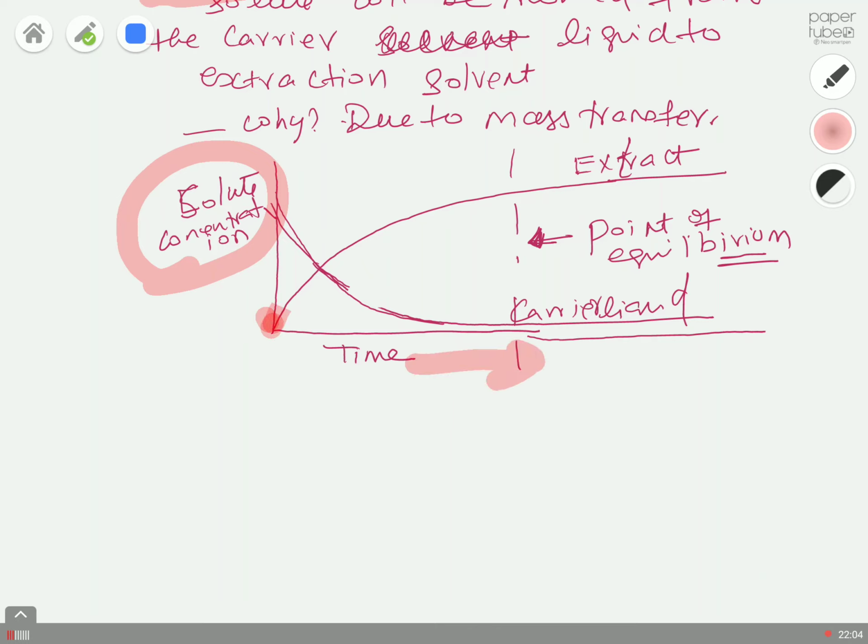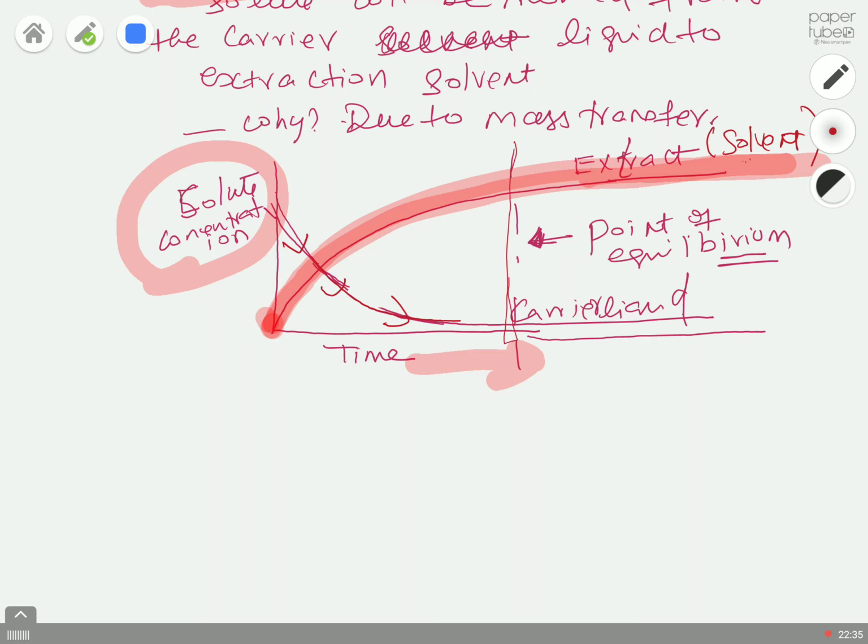The solute concentration in the extracting solvent will increase with respect to time, whereas the solute concentration in the carrier liquid will decrease with respect to time. At some point you will reach an equilibrium, so no change will happen after that.